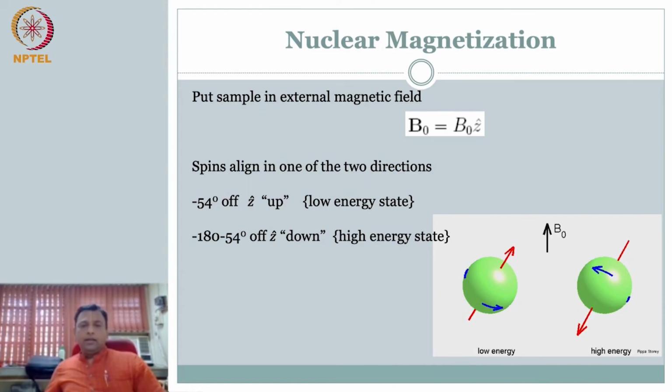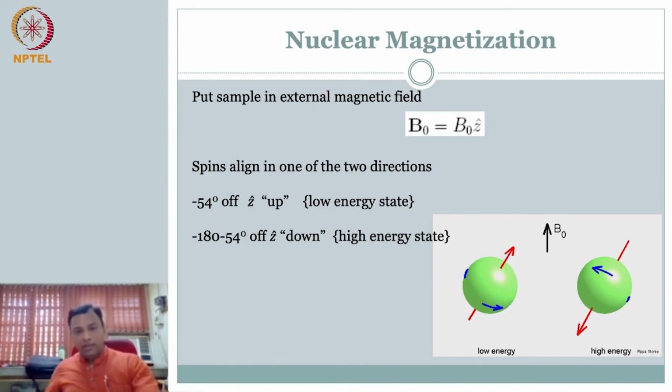So what we are interested in is not just one nucleus. You're not subjecting one nucleus alone to an external magnetic field. You have a volume, right? So there are going to be many of these. We talked about everything being random initially, and therefore the net magnetization is 0. But now you understand the concept.